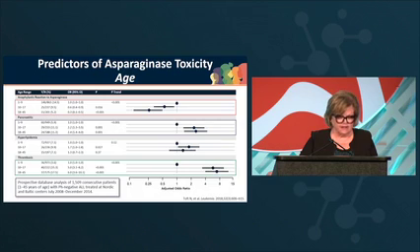Patients 9 and under are more likely to have some of the hypersensitivities. Our older teenagers are more likely to have the pancreatitis and the changes on their lipid profile. And our older patients are more likely to have the thrombosis.